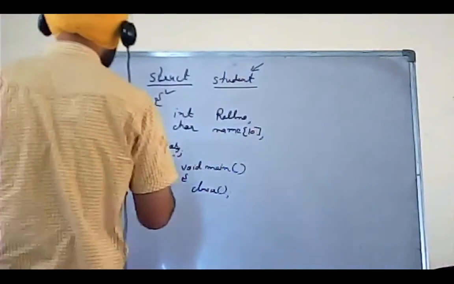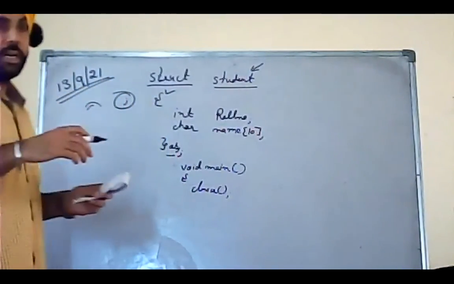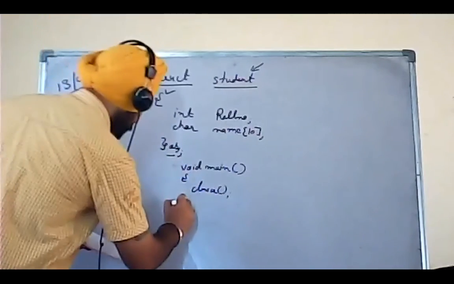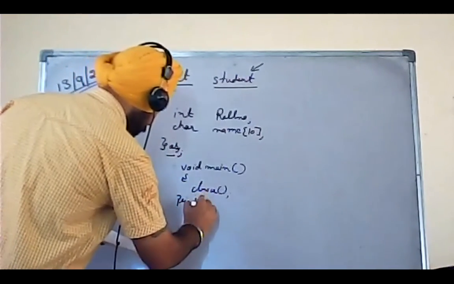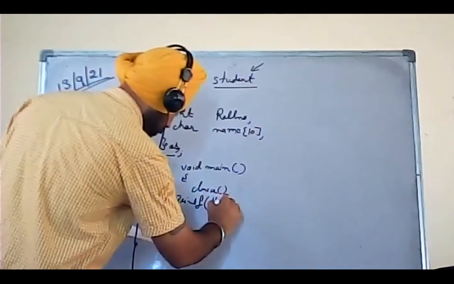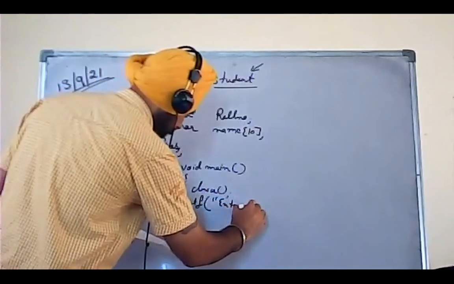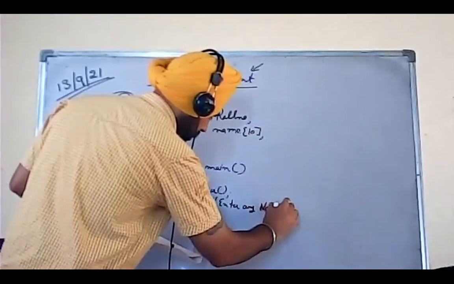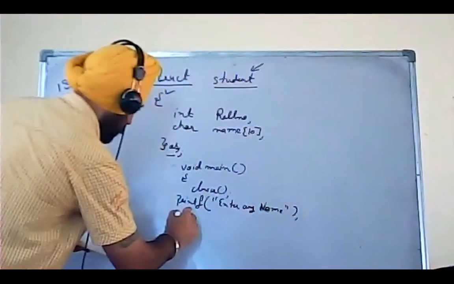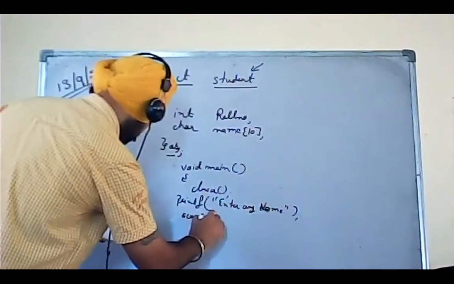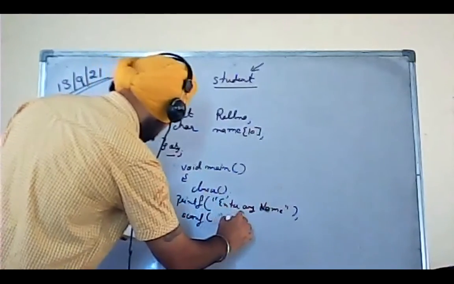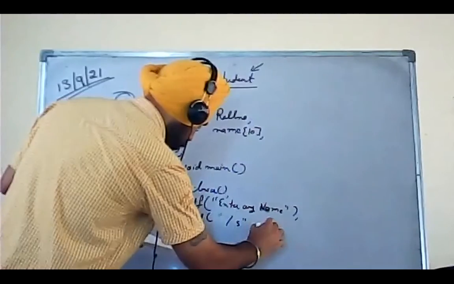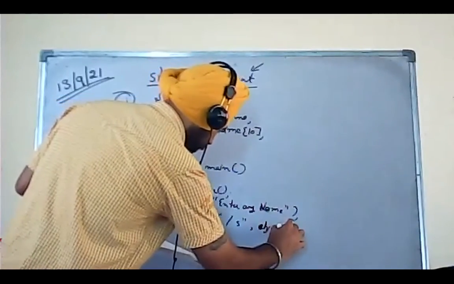So after clear screen, if we are creating a program in the case of C, suppose after that we just use printf, enter any name, and with the help of scanf, we just enter the value of, suppose, obj dot name.